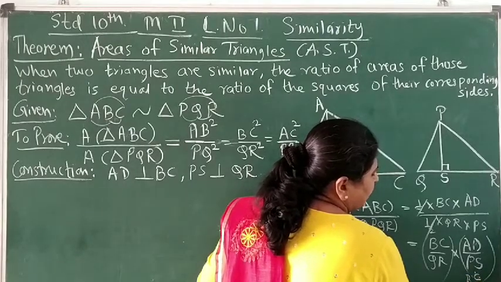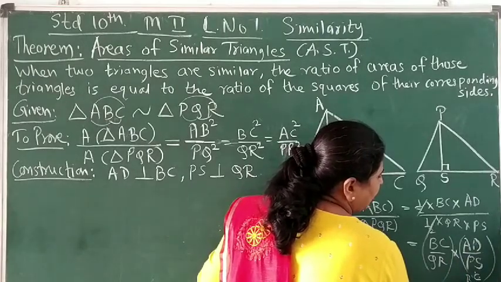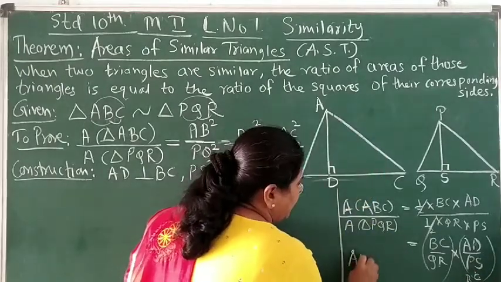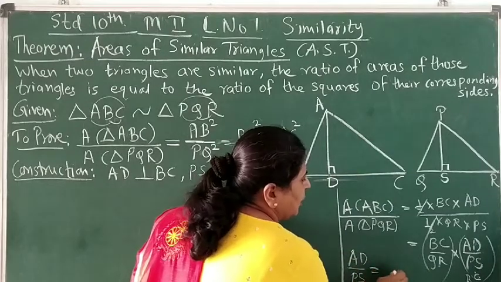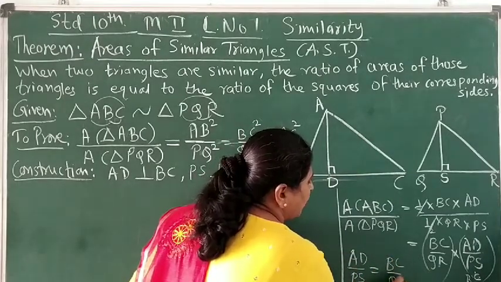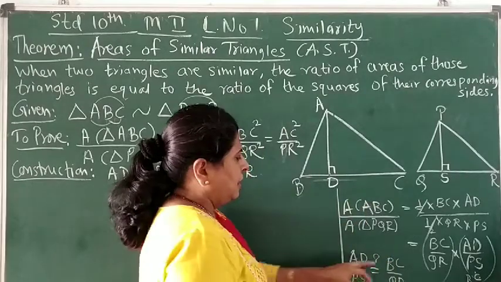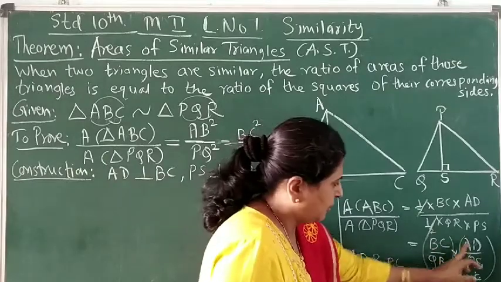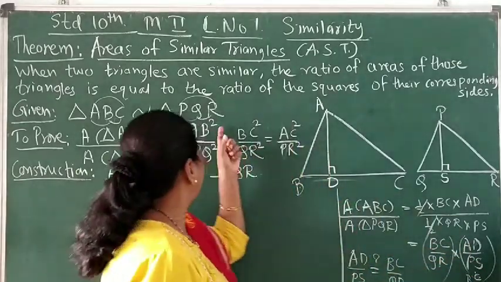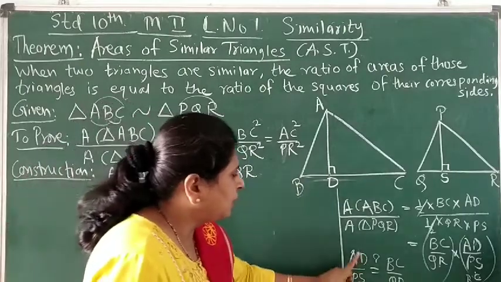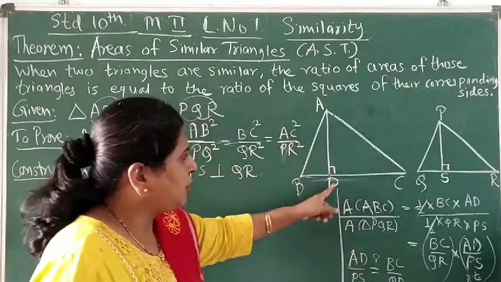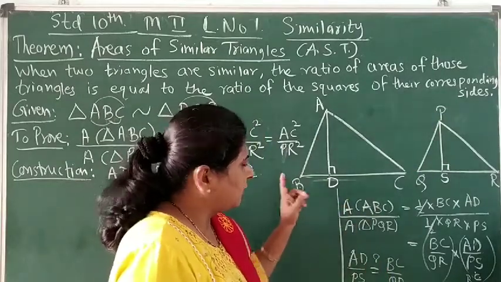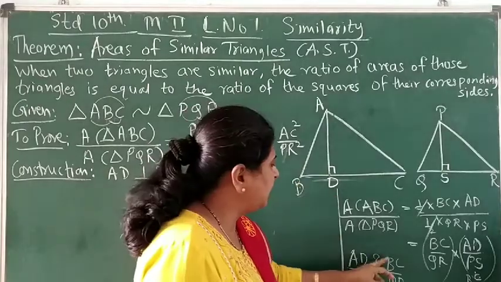If we can show that AD upon PS is equal to BC upon QR, then this can be replaced by the same BC upon QR, and then we get BC into BC and QR into QR, that is BC square upon QR square. So we need to think, can we show that the altitudes of two similar triangles are in proportion with their corresponding sides?